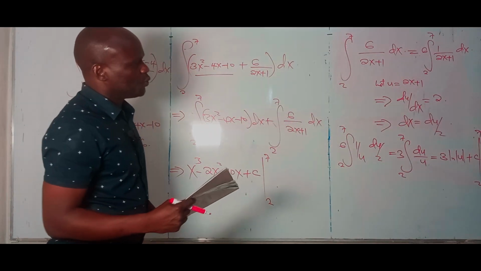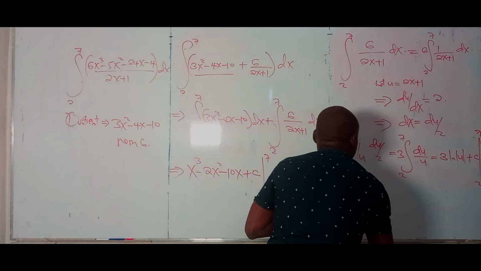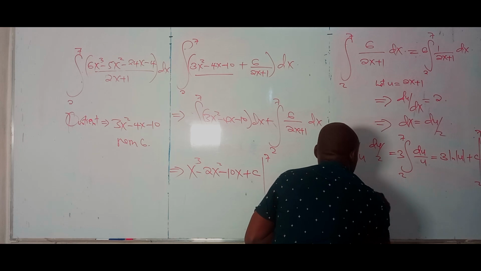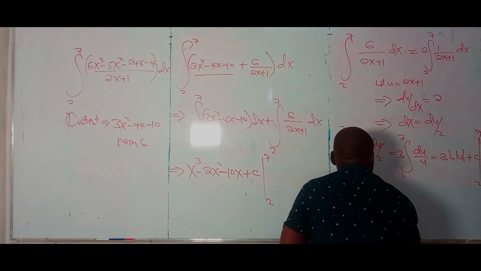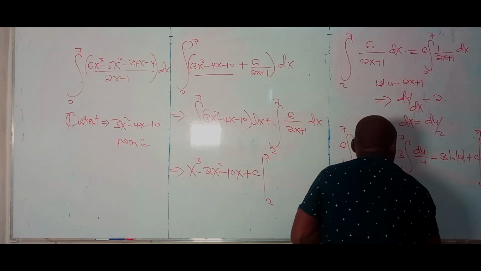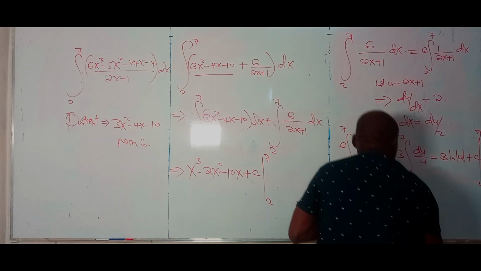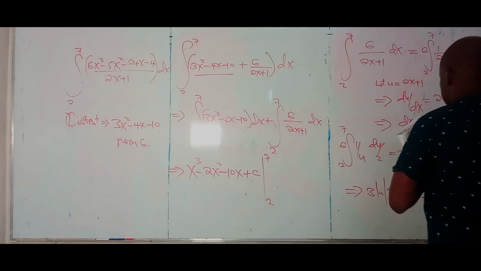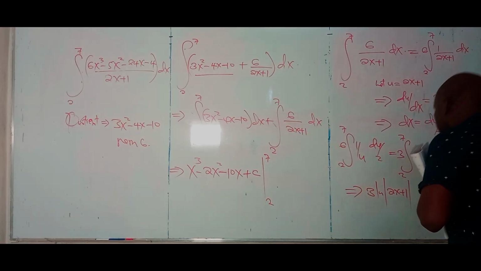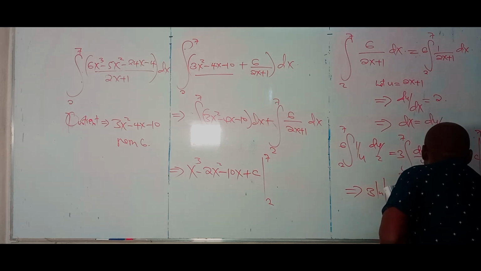But what was u? u was 2x plus 1. That implies that the integral is 3 ln of 2x plus 1 plus c, with the limits 2 to 7.